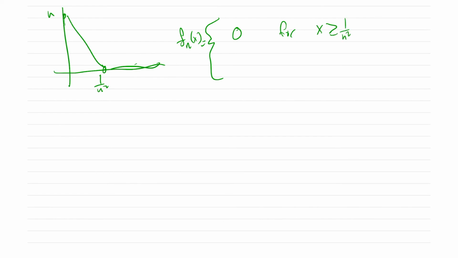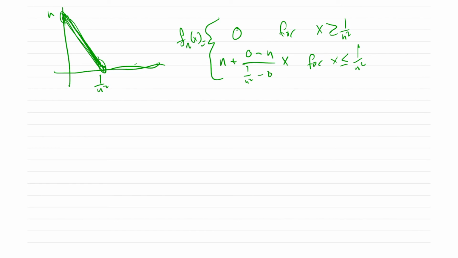And we have 2 points to connect here. So y equals mx plus b, right? Our b value would be n plus 0 minus n divided by 1 over n squared minus 0 times x. This is for x less than or equal to 1 over n squared. They agree at the end point, so it doesn't matter.